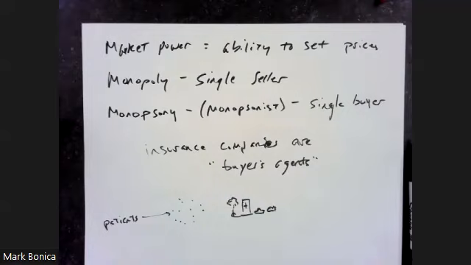Well, if all of us are trying to negotiate with the hospital, we've got the one hospital, right? The hospital's like, there's one of me and there's a bunch of you. And so if you want my services, this is how much you're going to pay. So it gives them a lot of market power because they're the only seller in the market. So what does the insurance company do?